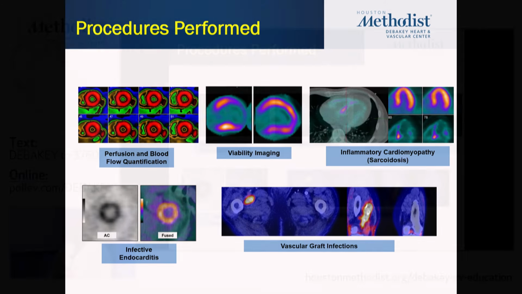So sarcoid, for example, inflammatory cardiomyopathies, inflammation in the aorta and others, but also the infection paradigm, whether it's cardiac infections, devices, LVADs, grafts, pacemakers, all of this that we have not clinically done. I think we now have a good solid evidence base that tells us that PET has a role to play in these patients and to guide management in these patients.